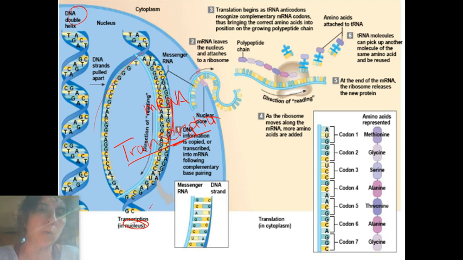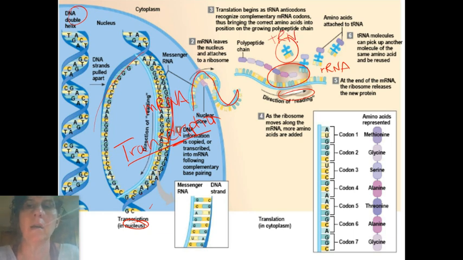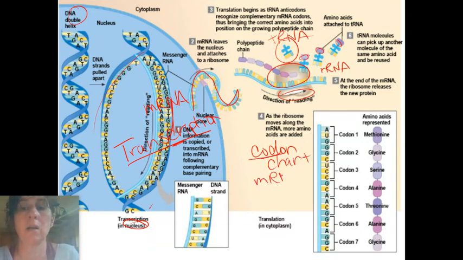That messenger RNA will unbind from that, and there it is unbound right here, and it moves out of the nucleus, finds a ribosome, which is made up of rRNA. They bind together, and then your tRNAs will come in, and your tRNAs bring with them specific little amino acids based off that codon chart, using the messenger RNA.